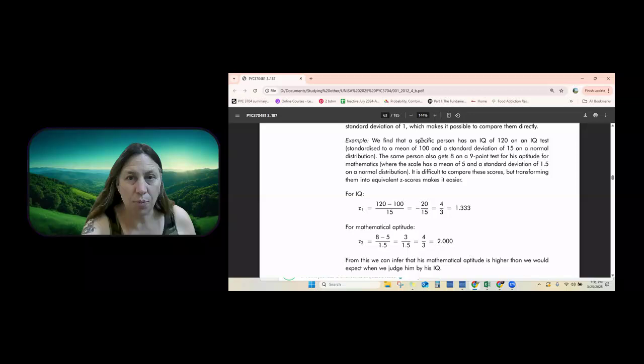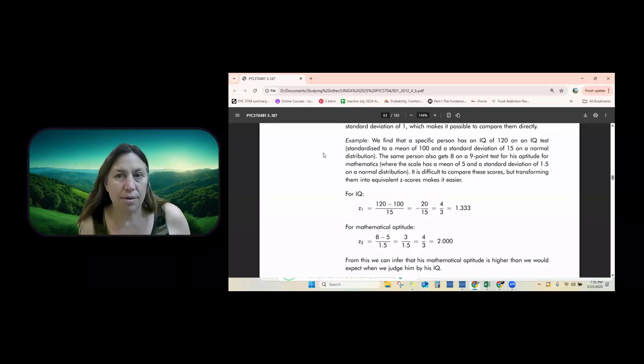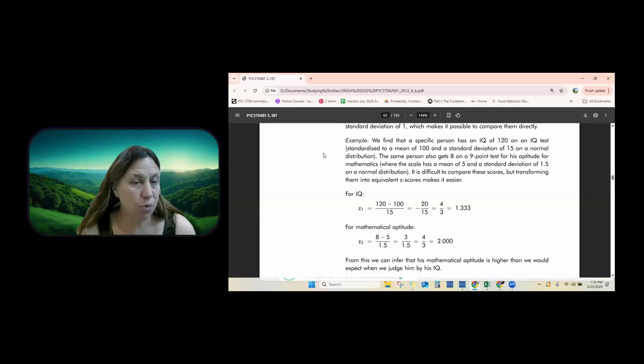If we find a person has an IQ of 120 on an IQ test, the mean is always going to be 100 on an IQ test, with a standard deviation of 15 on a normal distribution. Let's work that out. The Z for them is 120, their IQ, minus 100, the mean, over 15, one standard deviation.